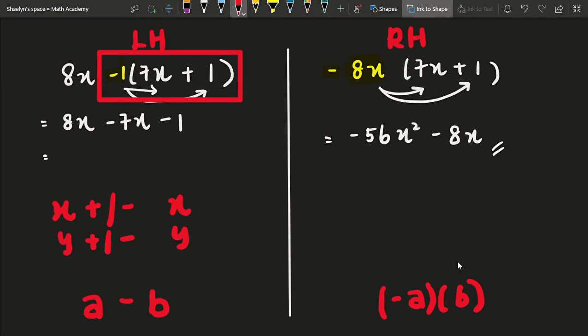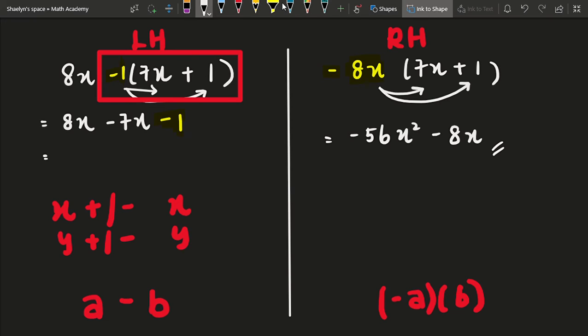But can you actually minus 1? I'm referring to this one. Can you actually say that 8x minus 7x equals x, then x minus 1 equals 0? No, they are not the same, okay? Numbers are numbers, x are x. So you only can plus and minus with the x, and the 1 is a different case.